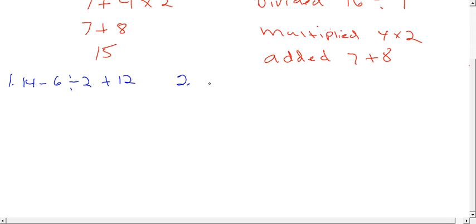Number 2, I have 20 minus 7 times 2 plus 1.